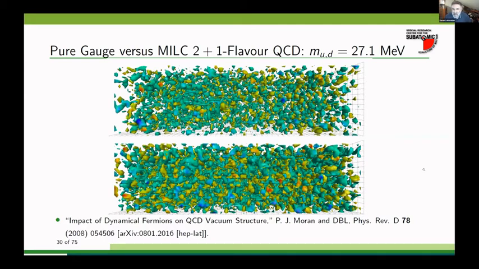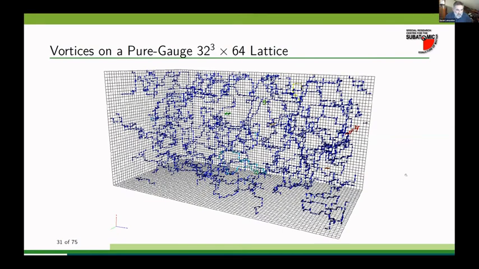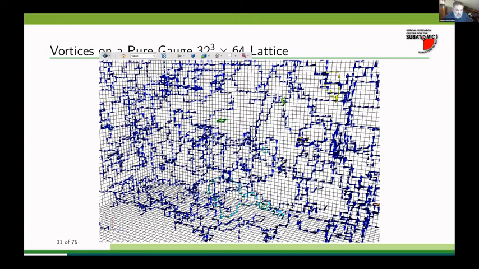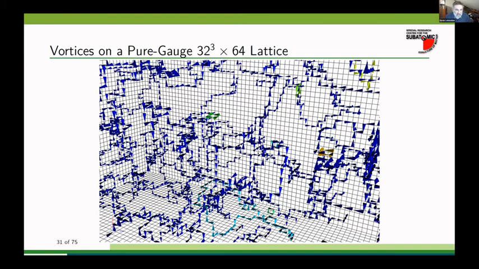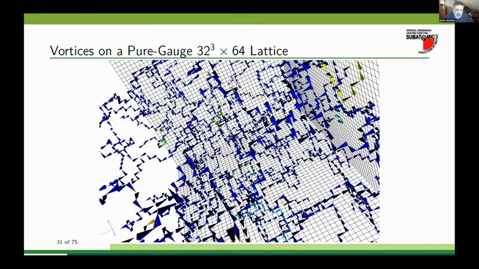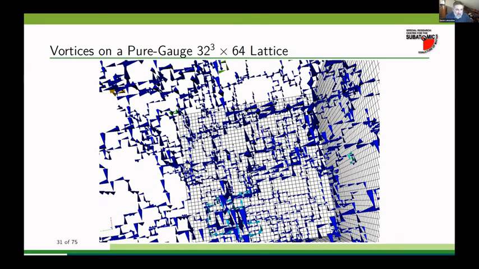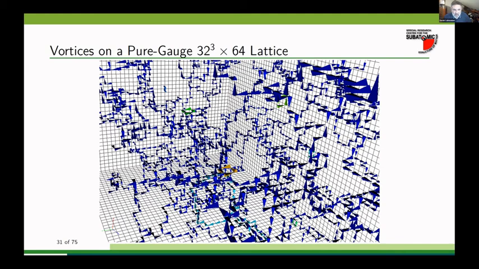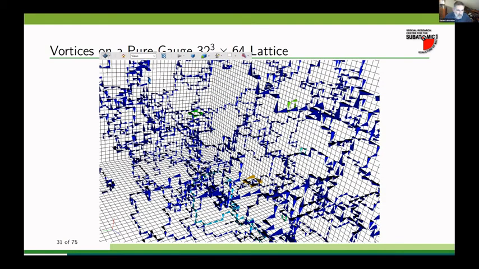Let me show it to you now for center vortices. So this is now the pure gauge lattice, but it's a little bit bigger now. We're looking at 32 cubed by 64. We can probably see the same qualitative feature in that there are large voids within this. You do have vortex paths. Some of them are different colors, and that's just because there's one very large percolating cluster, which I've colored in blue here.